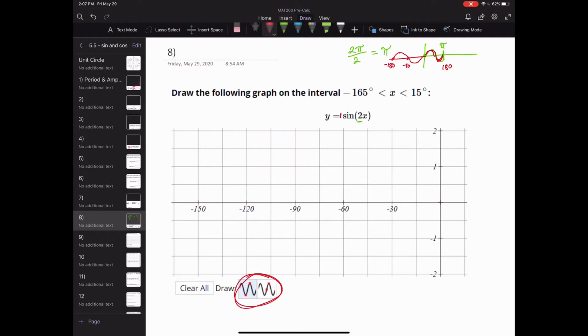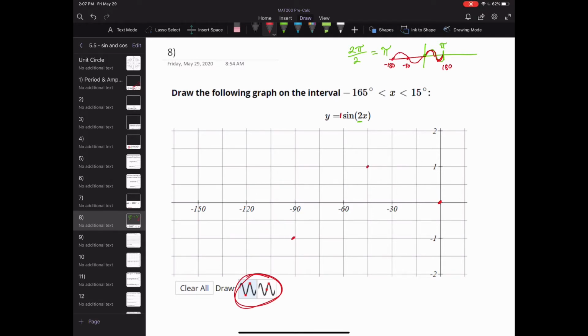Okay, so let's see. The period is 2, so we're starting here. 90. The amplitude is still 1. So at 90, have to hit the halfway point. So right in between 90 is where the height would be.